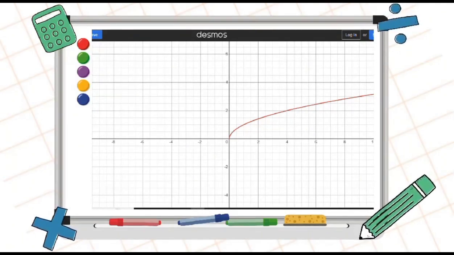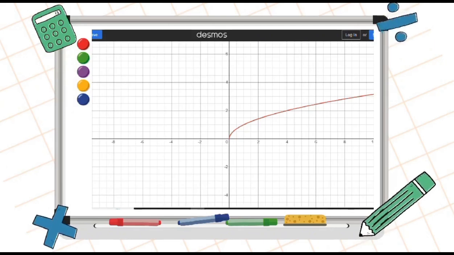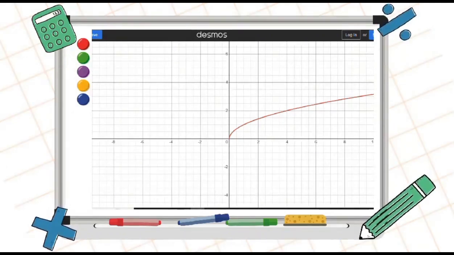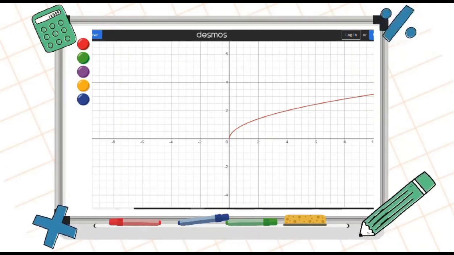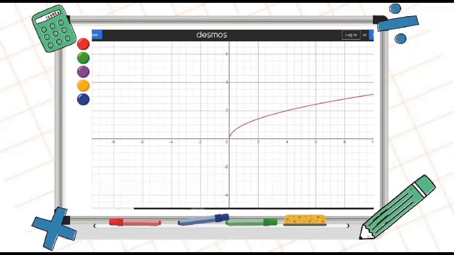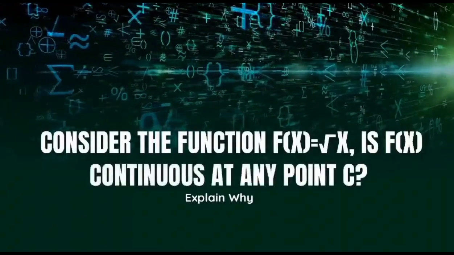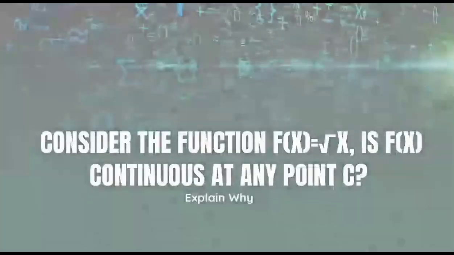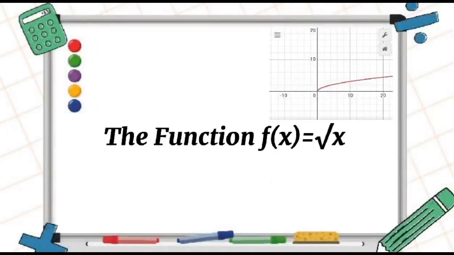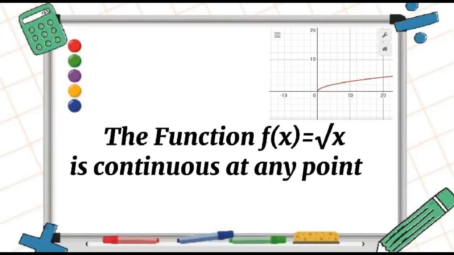So it is a smooth increasing curve that starts from the origin, spreads out to the right, and never dips below the x-axis. And so, going back to question number 3, the function f of x is continuous at any point c if c is greater than or equal to 0.